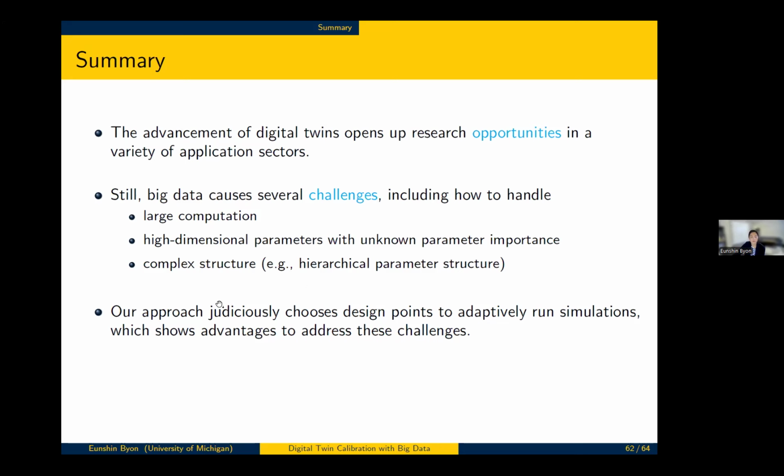When we have these kinds of challenges, we find that instead of the previous approach that used a surrogate model, if we use active learning and active sampling, we can achieve better efficiency and also accuracy. Our approach judiciously chooses the design points to adaptively run simulations, which shows an advantage in addressing these challenges.